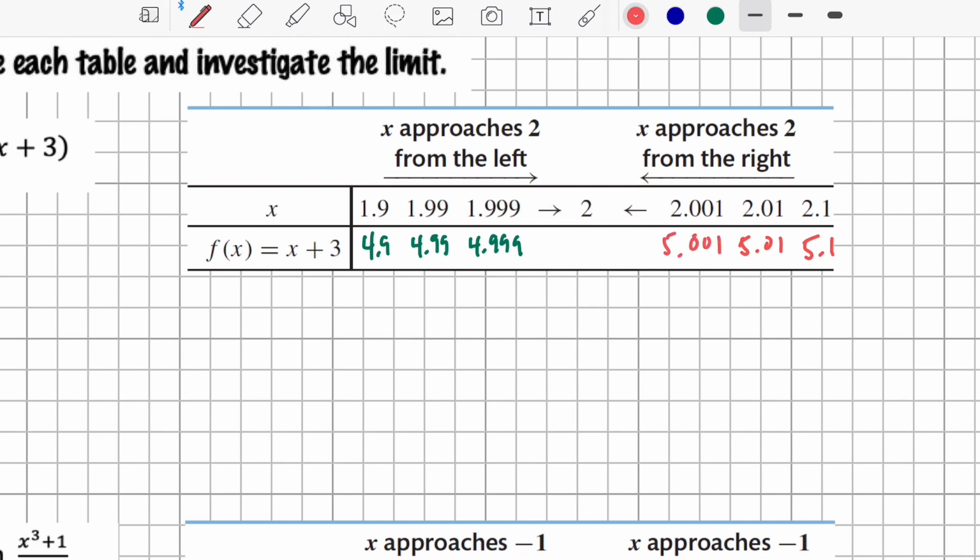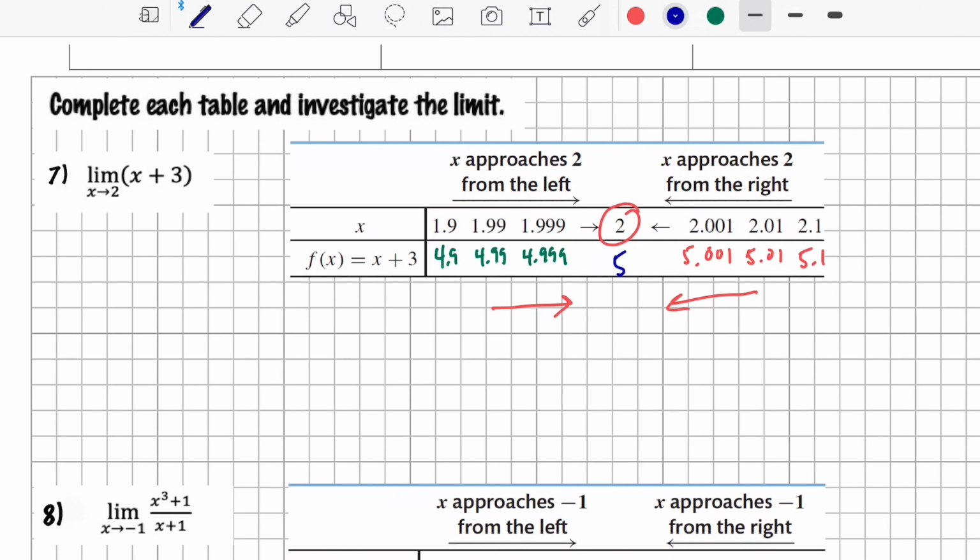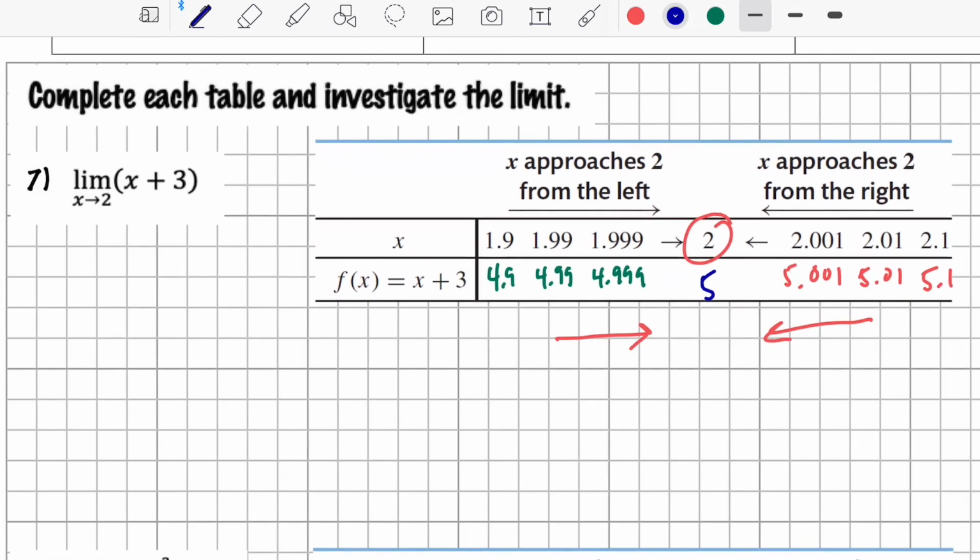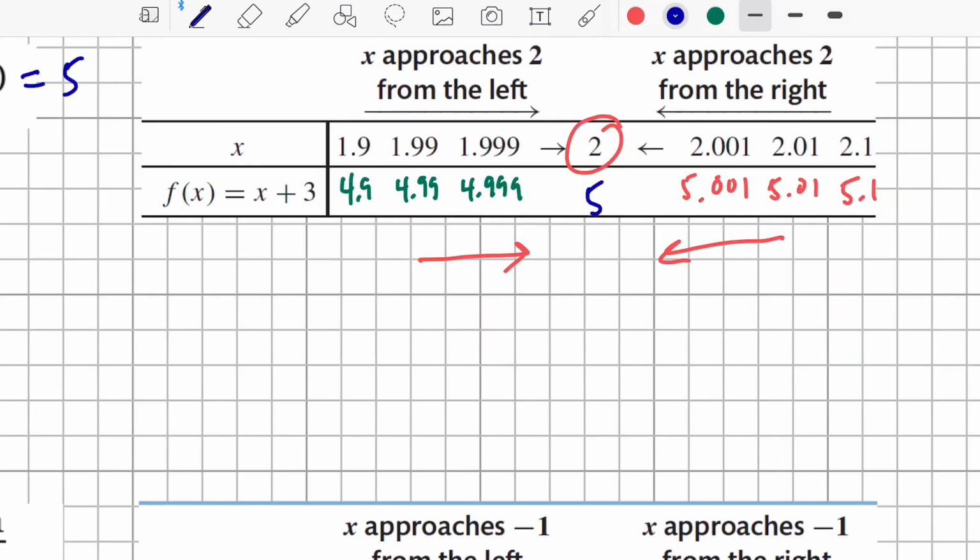So to me, it looks like as we approach 2 from the left and we're approaching 2 from the right, it's getting closer and closer to 5. So the limit as x approaches 2 of x plus 3 is 5. That's all there is to it.